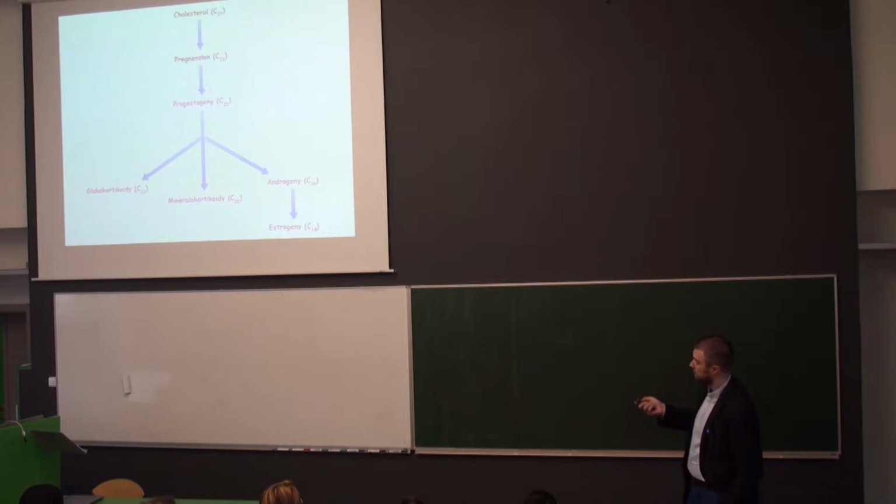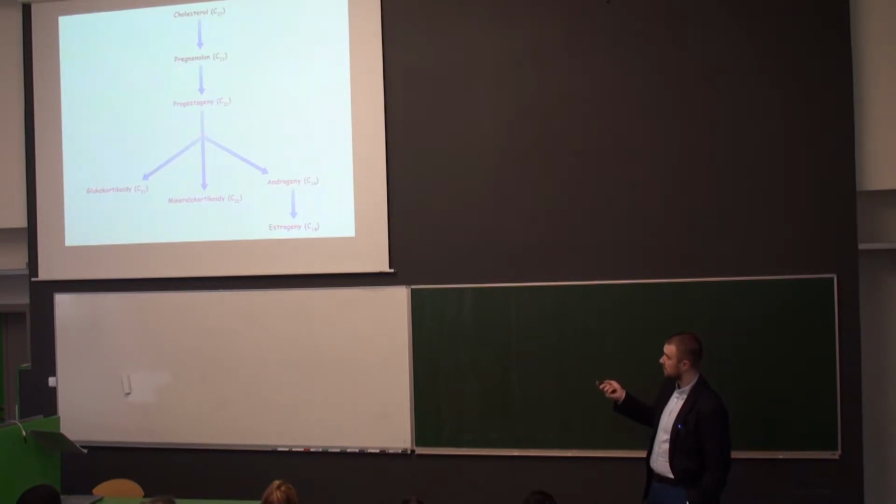Then progesterone and pregnenolone serve as the splitting point for the synthesis of three groups of steroid hormones: glucocorticoids, mineralocorticoids, and androgens. And then androgens work as the precursors for estrogens. So you cannot produce estrogens from mineralocorticoids nor from glucocorticoids, but you will produce them from pregnenolone, from androgens, and then you gain the estrogens.